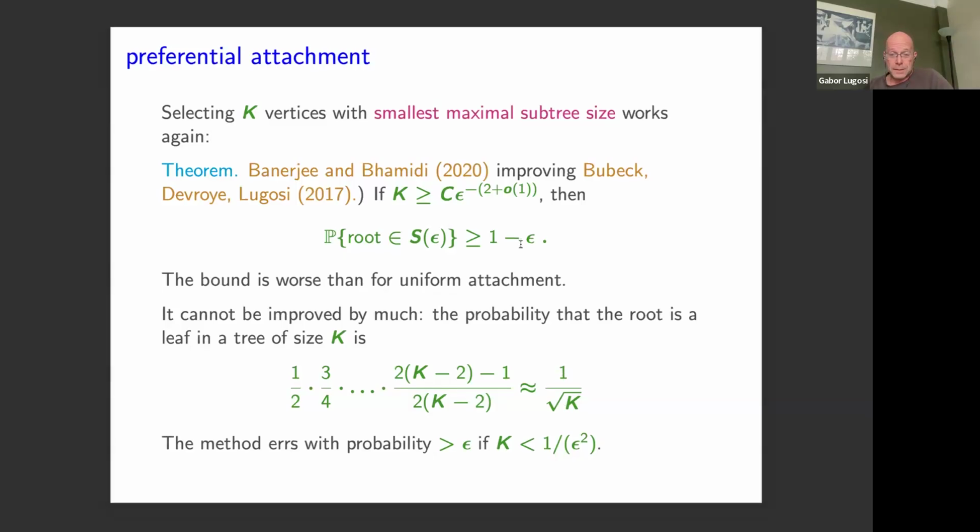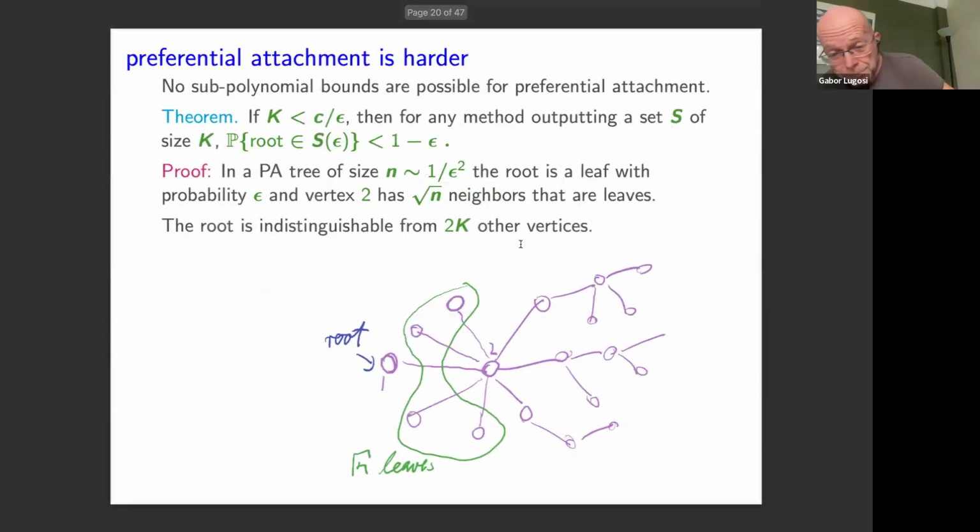Okay. What about other methods? Well, other methods also cannot do better than 1 over epsilon. So no method can produce a confidence set whose size is much smaller than 1 over epsilon.